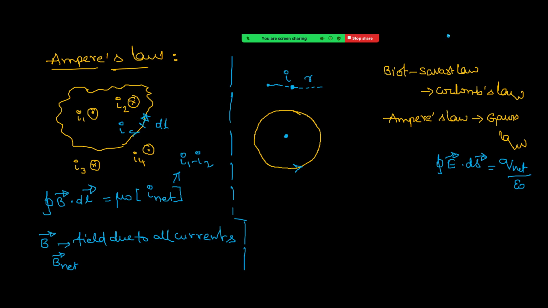For a current carrying long thin wire, the magnetic field lines will be concentric circles. This is one field line, and this is one more field line.